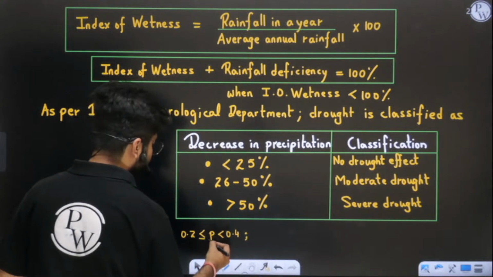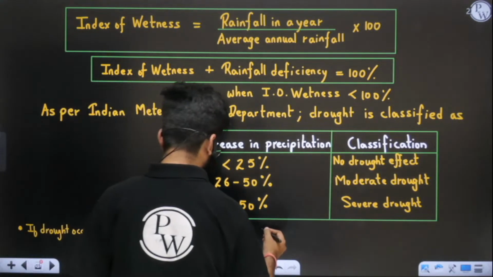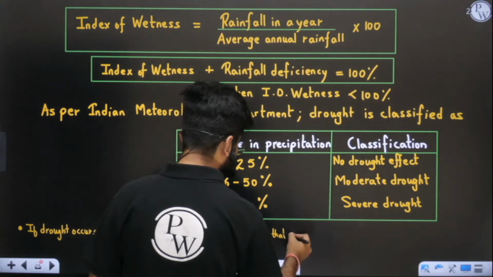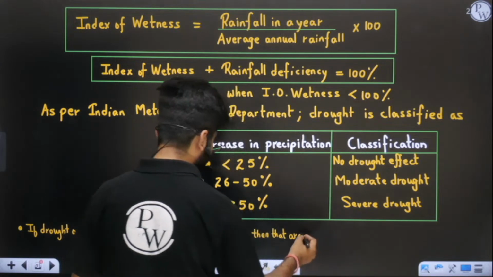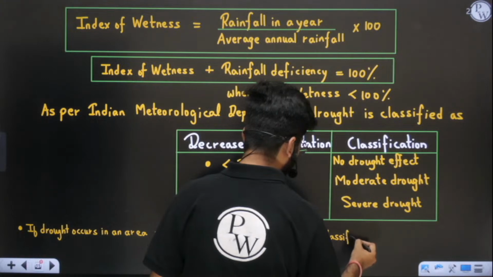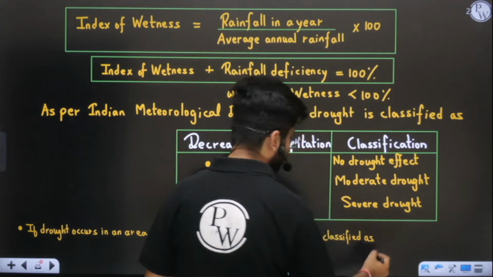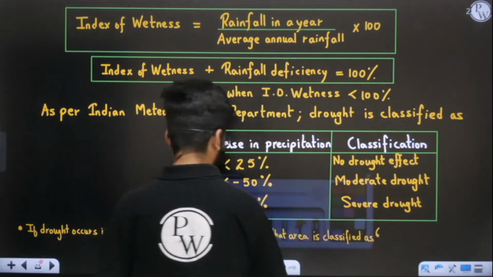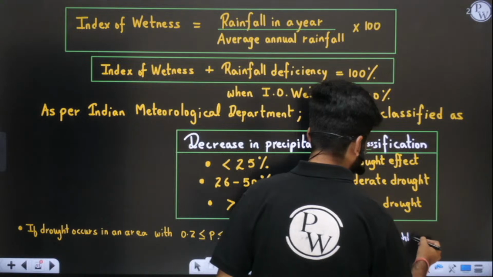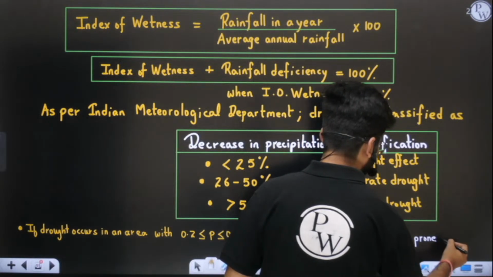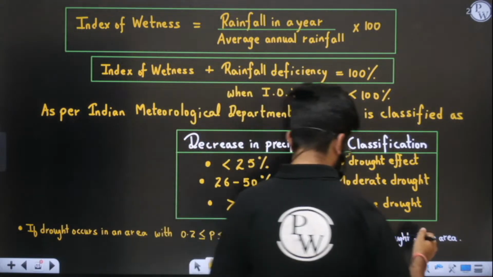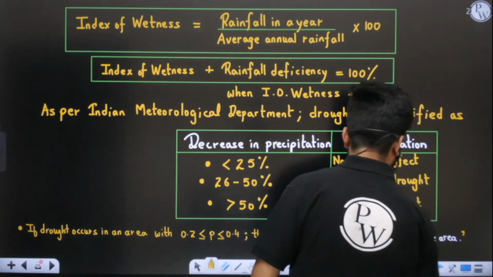So if probability is 20% to 40%, then that area is classified as drought prone area.